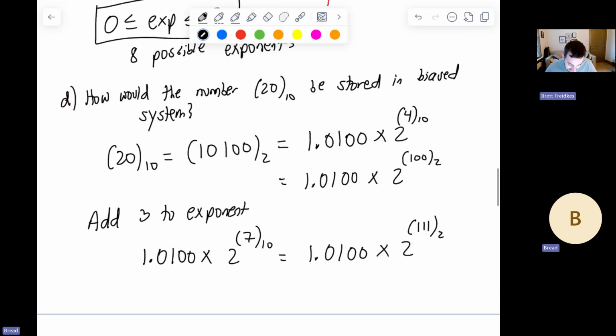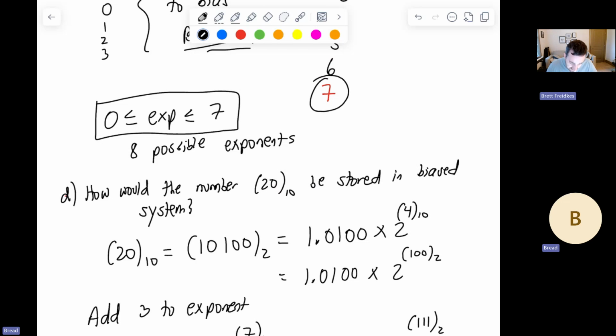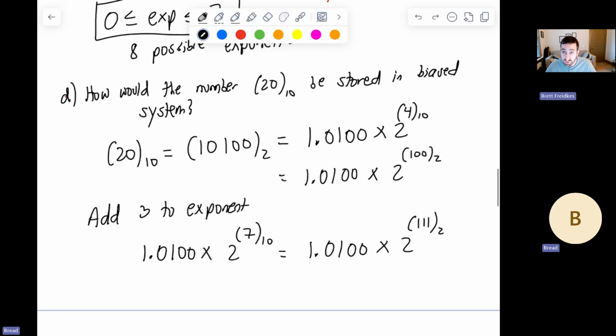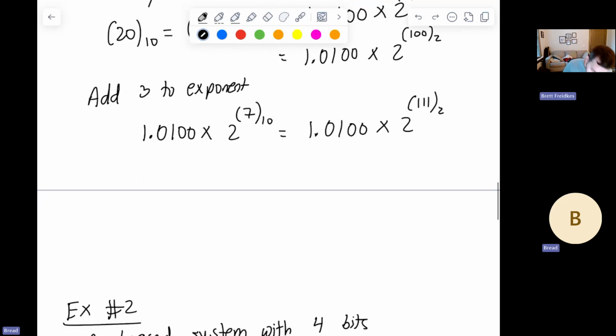And like we just said, I can store up to 7 in the bias system, which means that the number 20 can now be stored in the system. It could not be stored when it was unbiased because we didn't have the right number of bits. But now that we've reallocated the sign of the exponent to the exponent itself, we can store that extra number.